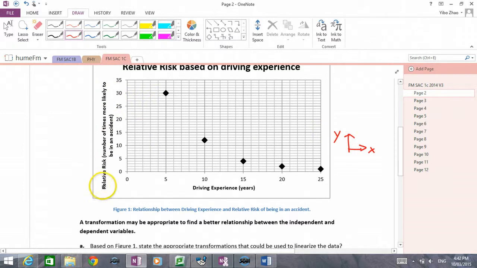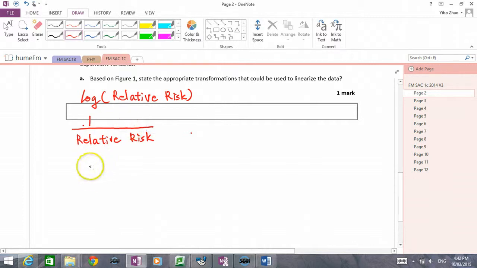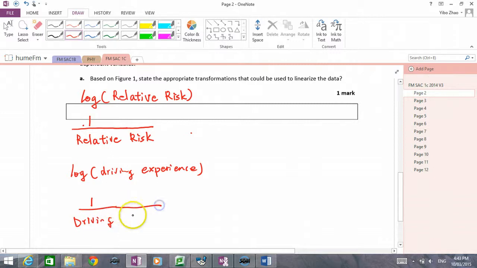My y-axis means relative risk, so I can do log relative risk, or I can do 1 divided by y, which is 1 on relative risk, or I can do log x, which is driving experience, or I can do 1 on driving experience, 1 on x, driving experience.